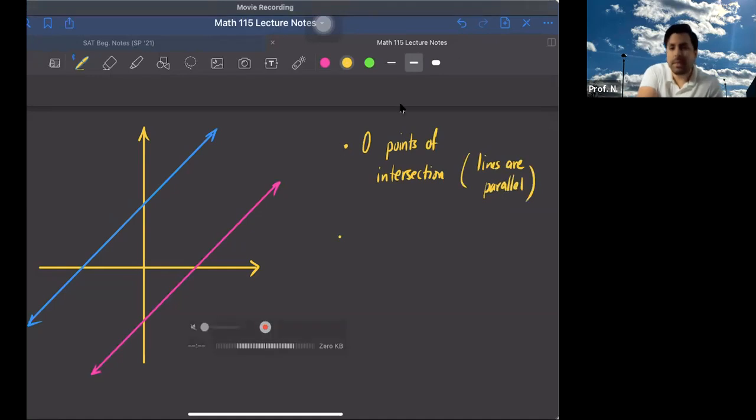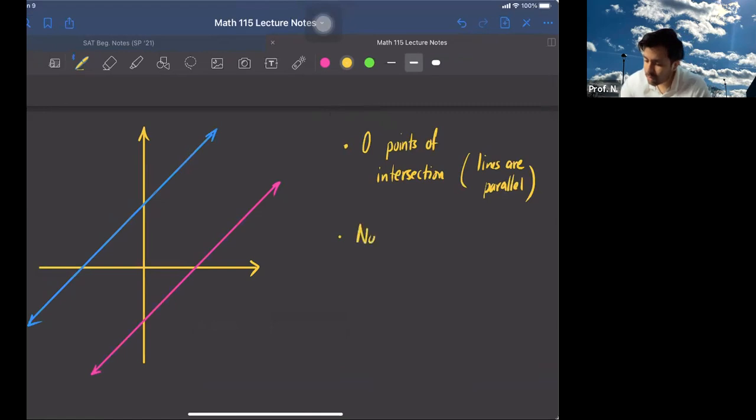If you have 0 points of intersection, how many solutions do you have? Zero. So there's no solution to the system. And we call this system inconsistent.